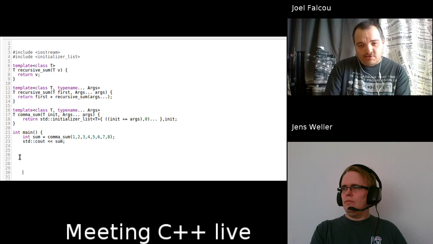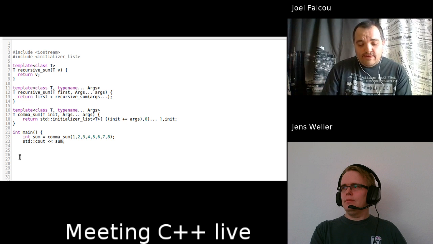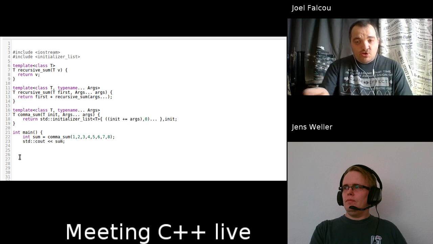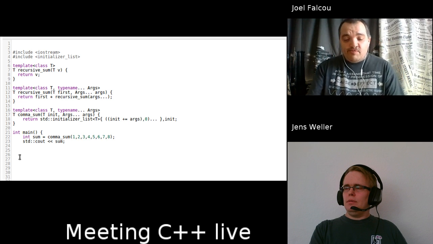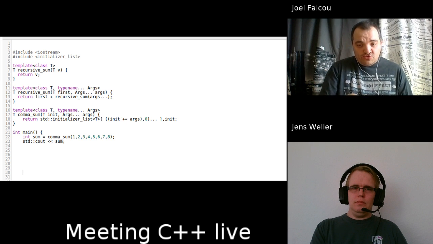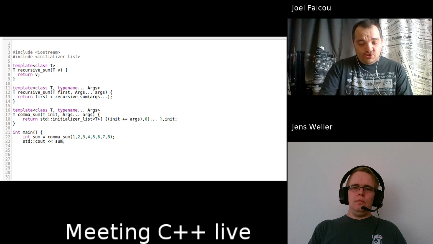Then you call it on the pack of 5, which means it has to generate the symbol for the function with a pack of 5. That maps onto 1 plus a pack of 4, and so on and so on. So you end up with all these intermediate symbols that need to be found, because when the compiler tries to find the proper overload for the next recursive sum step, it basically goes around asking, okay, which function recursive sum should I call? And this costs, because it has to resolve the overloads.